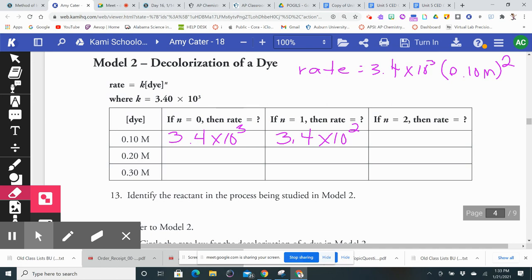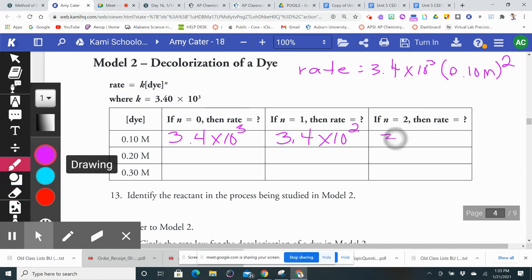What did you get? 3.4 times 10 to the first power, yeah, or just 34. Okay, all right, now do the next two rows on your own. I'm going to work them up here, and then I'll show you the answer.